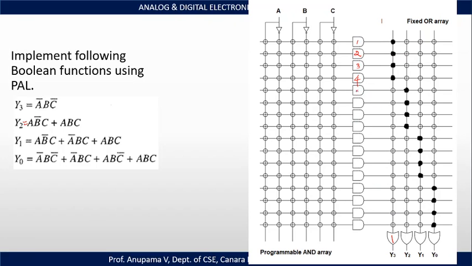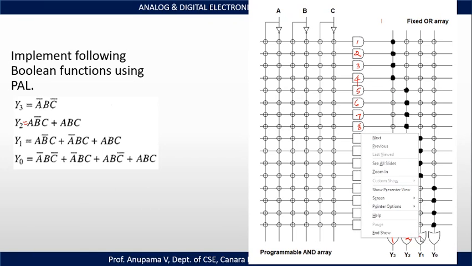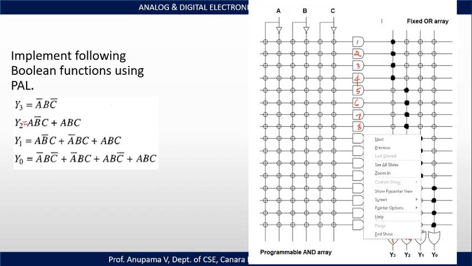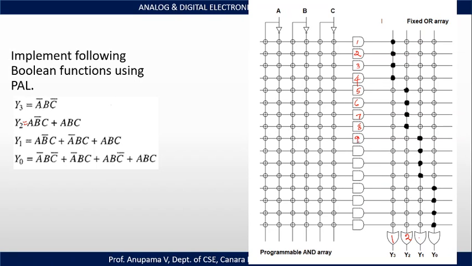The outputs of the next 4 AND gates, that is AND gates 5, 6, 7, 8, are the input for OR gate 2, which is indicated by the solid black bullet marks. The inputs for the third OR gate are the outputs of AND gates 9, 10, 11 and 12, indicated by the solid bullet symbols, and the inputs for OR gate 4 are the outputs of AND gates 13, 14, 15 and 16, indicated by the bullet marks. The inputs for all the AND gates are the variables A, B, C and their respective complements.